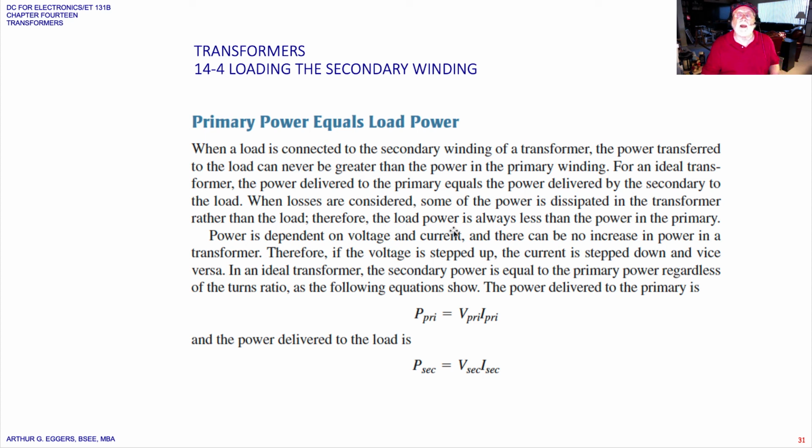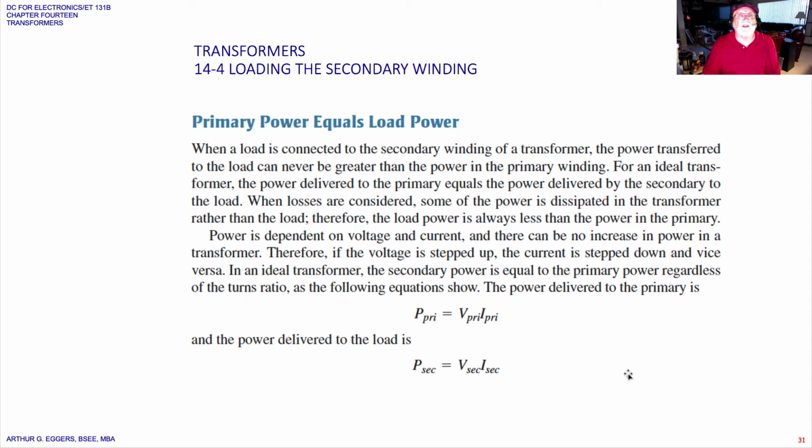Therefore, the load power is always less than the power in the primary. So you see all kinds of losses occurring. Power is dependent on voltage and current, and there can be no increase in power in the transformer. Okay, there's no free lunch, and these are not Rube Goldberg devices.